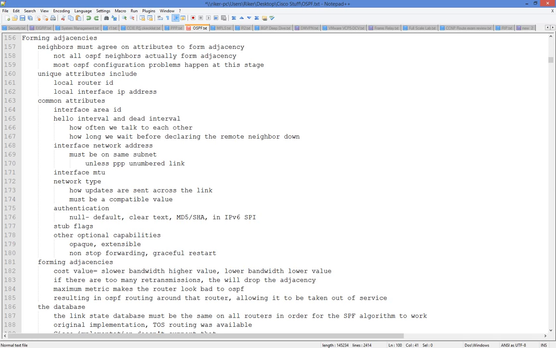Authentication, there's like 4 or 5. The first one is default, which is null or none, so you don't need authentication by default with OSPF. Type 0 is none. Type 1 is clear text. Then you have type 2, which is MD5 or SHA. And then when you get into IPv6, you can do IPsec, and it only works with IPv6 with an IPv6 address.